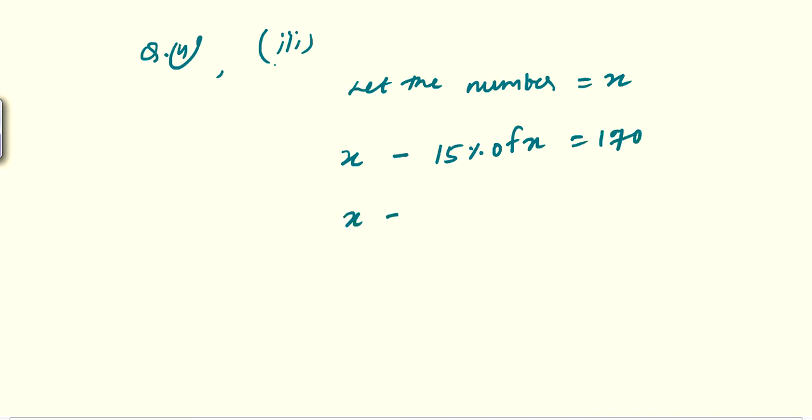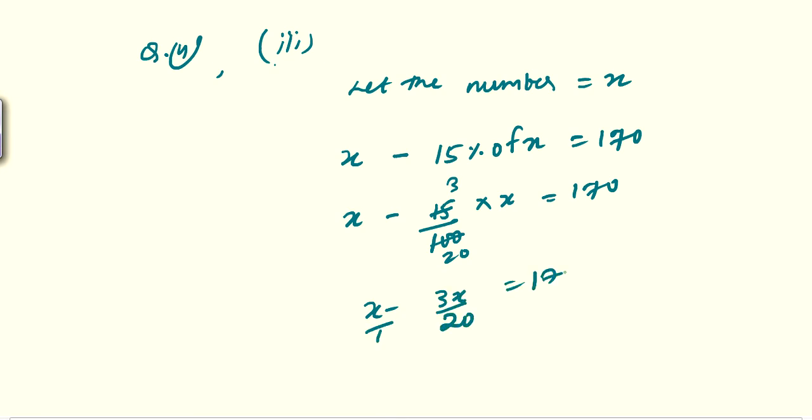So x minus 15%, that means 15 by 100. Of stands for multiplication, so into x equals to 170. Now 5 threes are 15, 5 fours are 20. So x minus 3x by 20 equals to 170. Now find LCM. So 20 into x, 20x minus 1 into 3x, 3x upon 20 equals to 170.